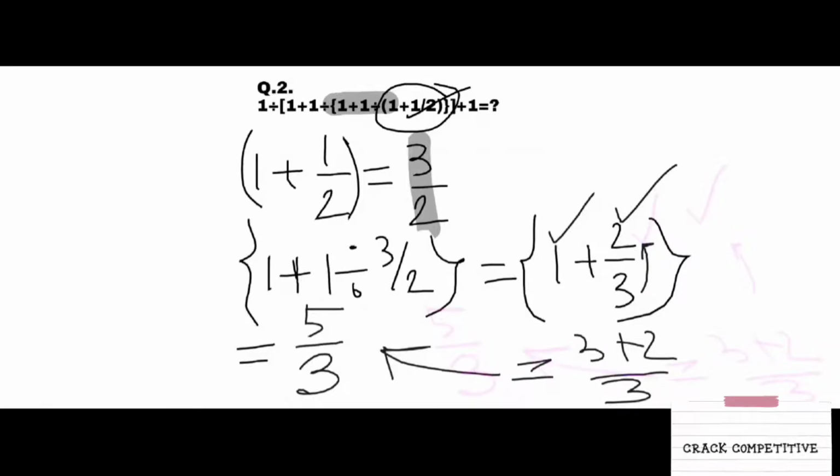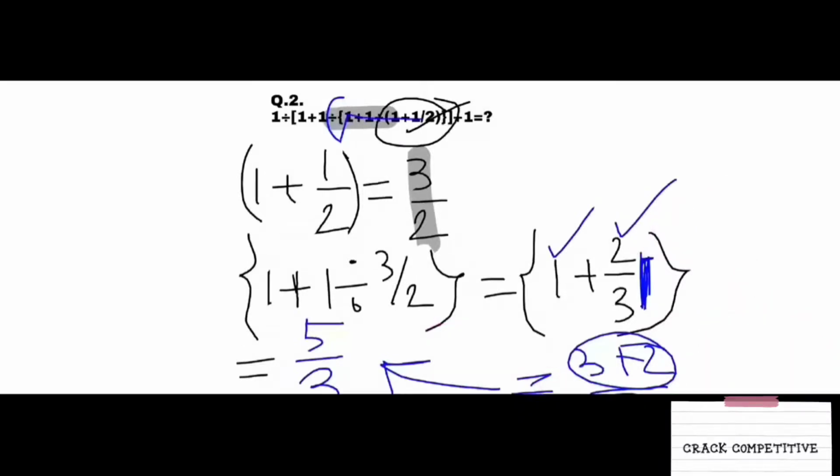But I am saying don't do this. Just add this, just add this too. The problem will be solved. So you have completed this part. Now it's the third bracket. The value, don't forget the value, is 5 by 3, right?